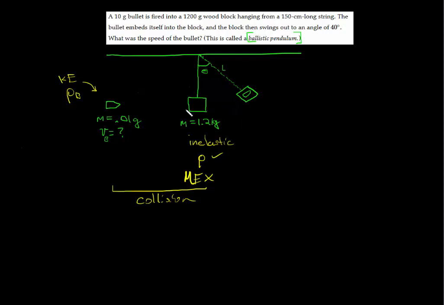And so in that system, the total mechanical energy is conserved. However, we can clearly see that the mass doesn't change, but velocity does. So momentum is not conserved. And so we have to do a combination of these two analyses. We'll use momentum over here, and then we'll use energy over here, put it all together, and we can figure out what the velocity of the bullet is.